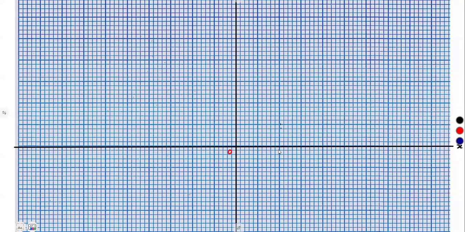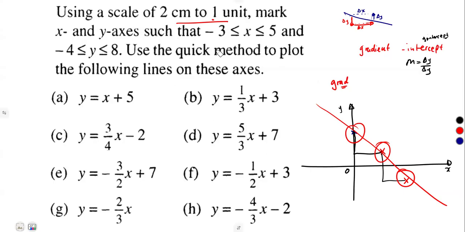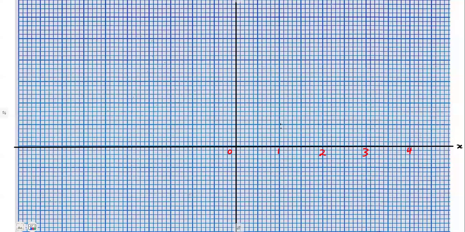So let us have 0, 1, 2. This is our 3. 1, 2, 3, 4. Let's see the x values. The x value is up to 5. Here we just need to shift a little bit so that we can have the positive 5 there.